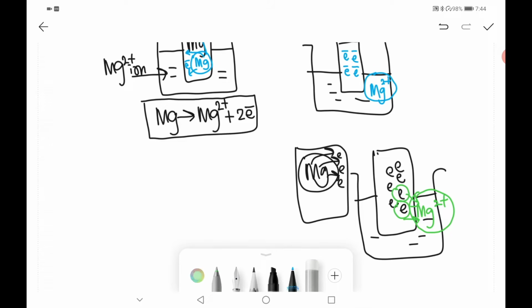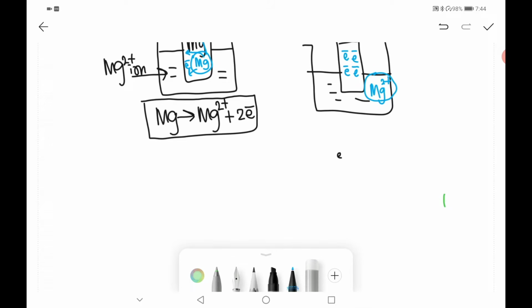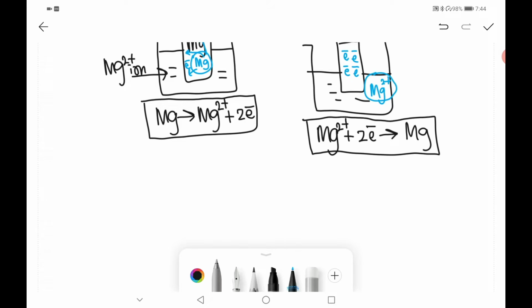If we write it in the equation, it will become like this. The magnesium ion now will receive electron in order to become magnesium. So this is what happened.